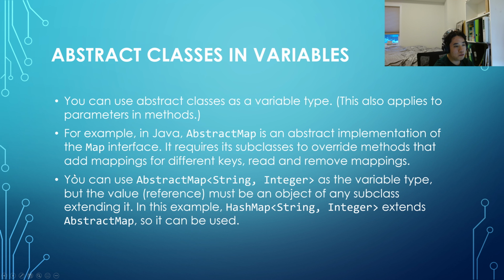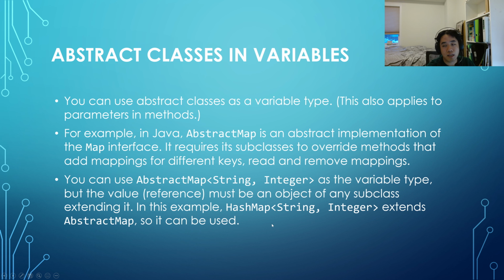So, what can we do if we are trying to make a variable of the type AbstractMap? Well, we can use the variable type itself, the variable type being AbstractMap itself, but the reference has to go to an object of a valid subclass which extends from the abstract class.